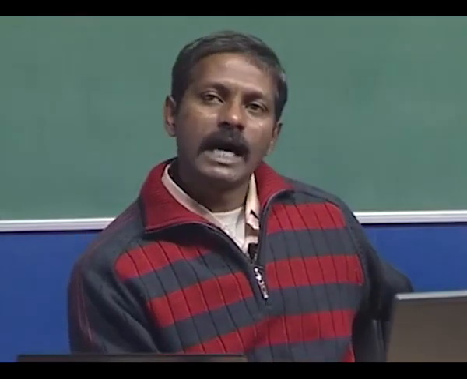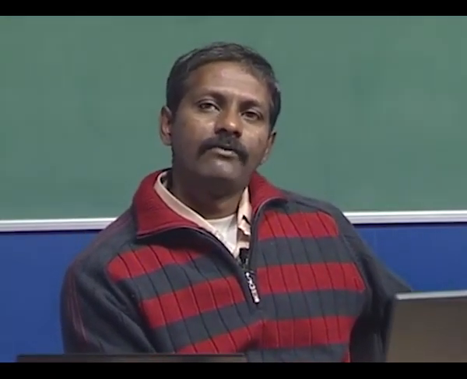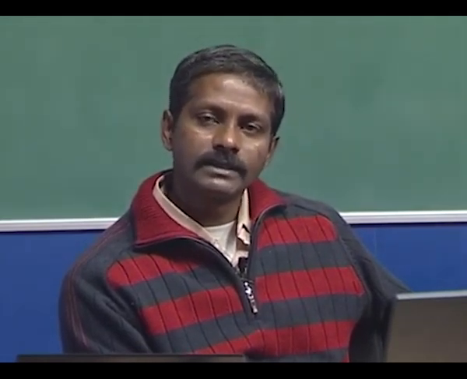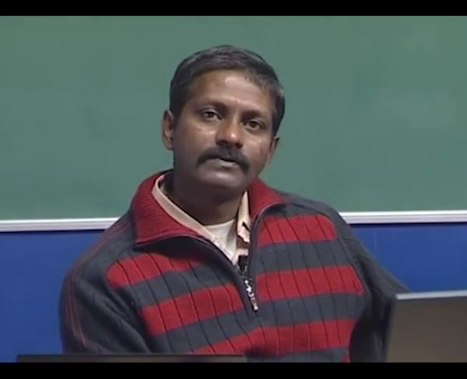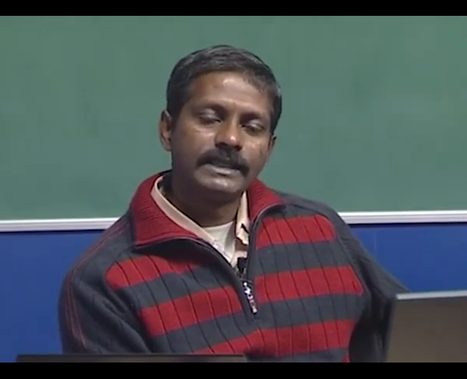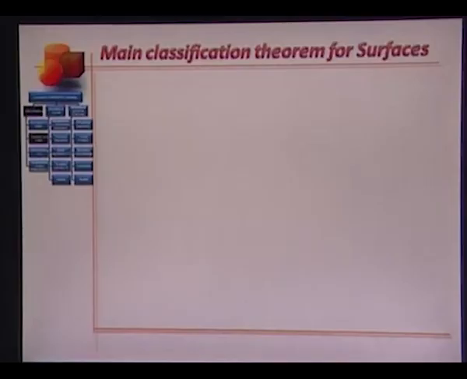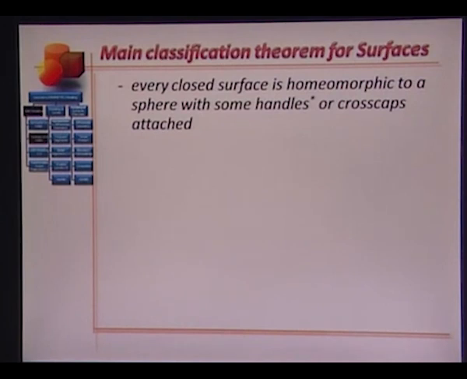We now come to answering the main question we asked at the start of the lecture, whether it's possible for us to make a single statement about a variety of surfaces or solids that we see around. The answer lies in the main classification theorem. Every closed surface is homeomorphic to a sphere with some handles or cross caps attached.